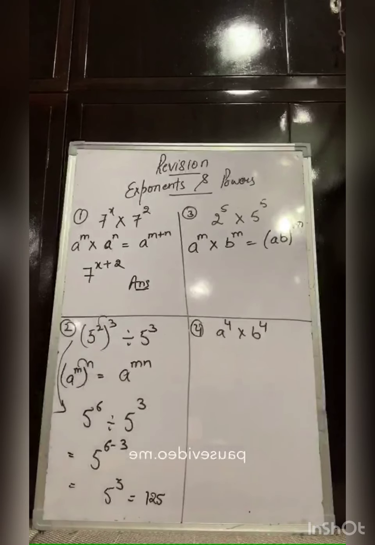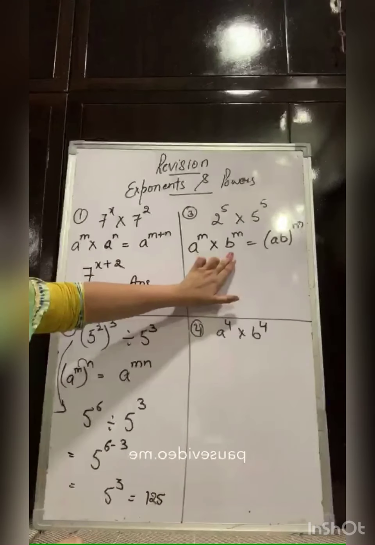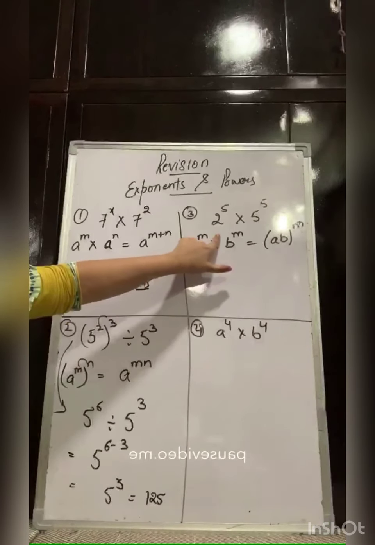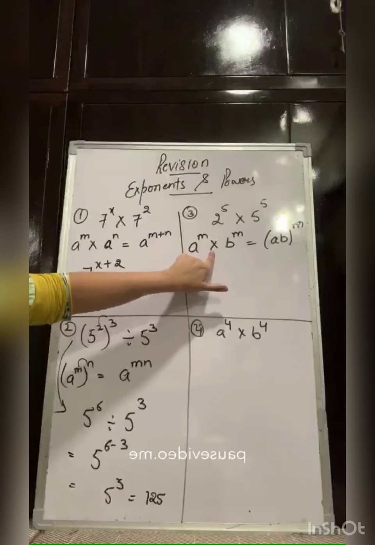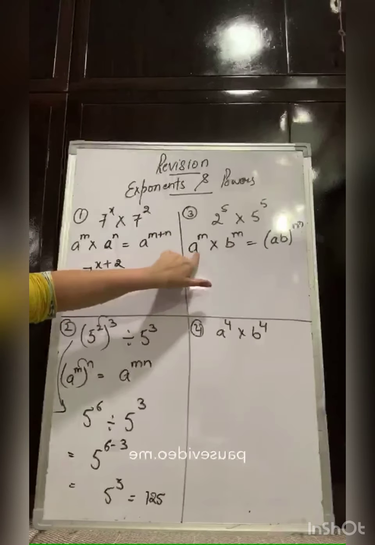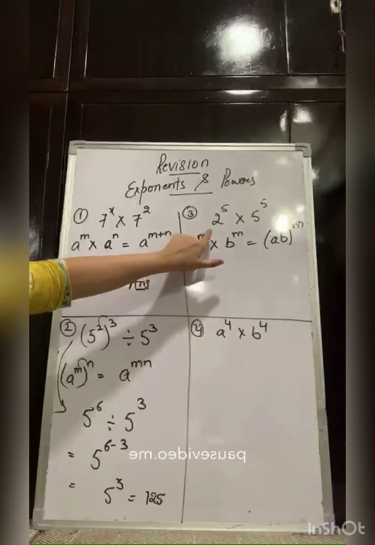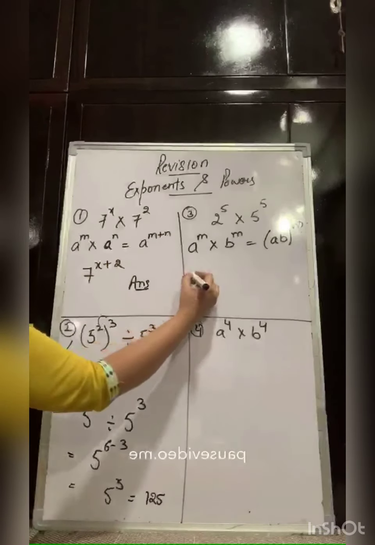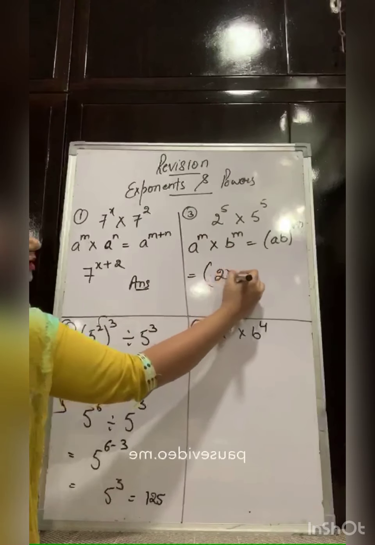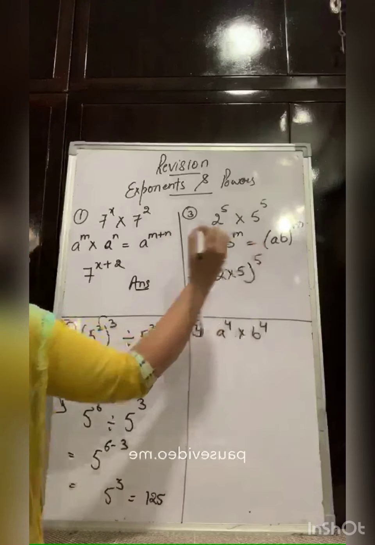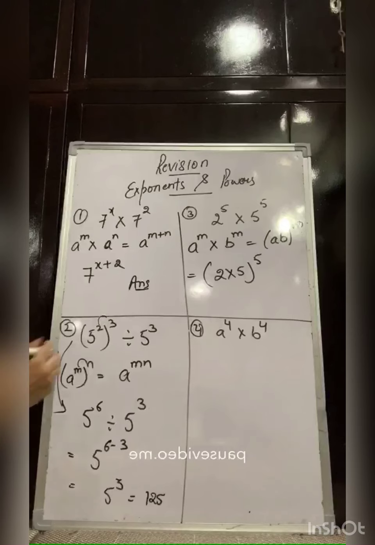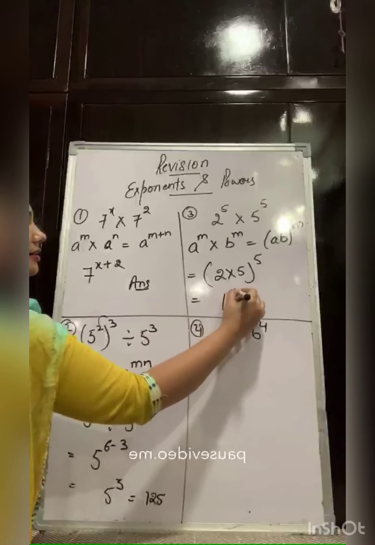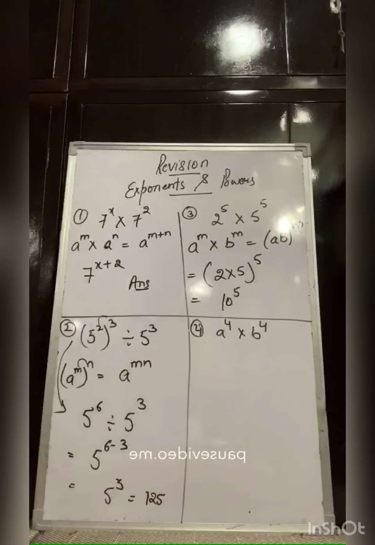It means if the bases are different and we have the same power and multiply sign in between, then the bases get multiplied with each other and the power remains the same. So it will become 2 multiply 5 raised to power 5, which will become 10 raised to power 5.